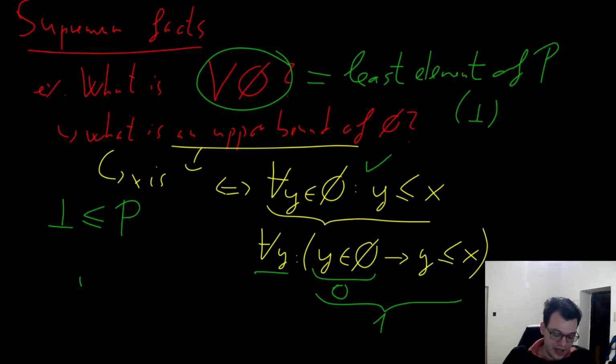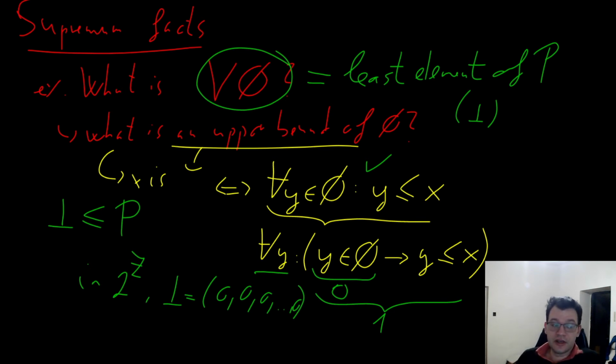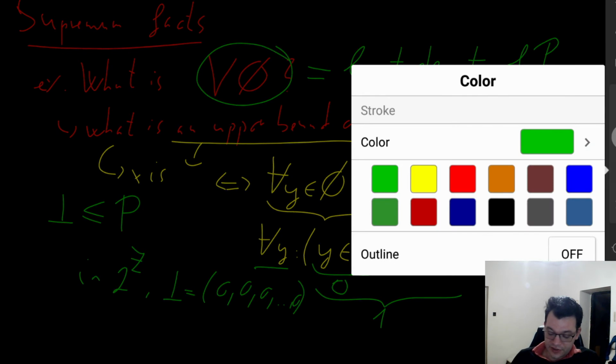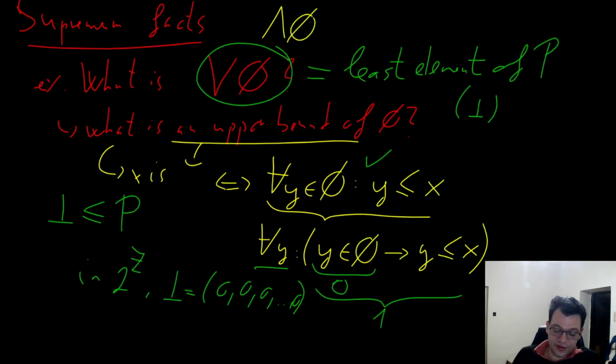So for example, in the poset 2 to the 3Z, we have bottom, which is the all-0 assignment. That will be the least element, and that will also be denoted by bottom. So the supremum of the empty set is always the least element of P, and of course dually, the infimum of the empty set is always the greatest element of P.